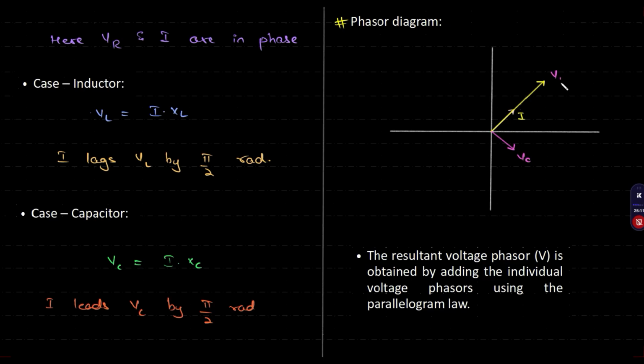This is VR. With respect to the current, the voltage across the inductor will be leading. Is that straight? Looks straight. It's supposed to be straight, by the way, because 90 plus 90 is 180. So this is VL.